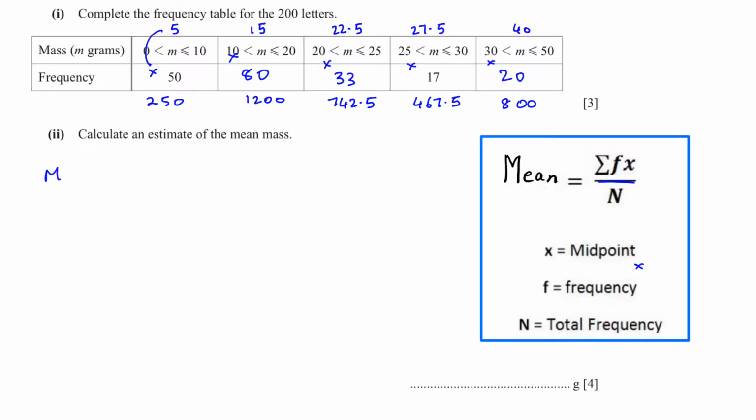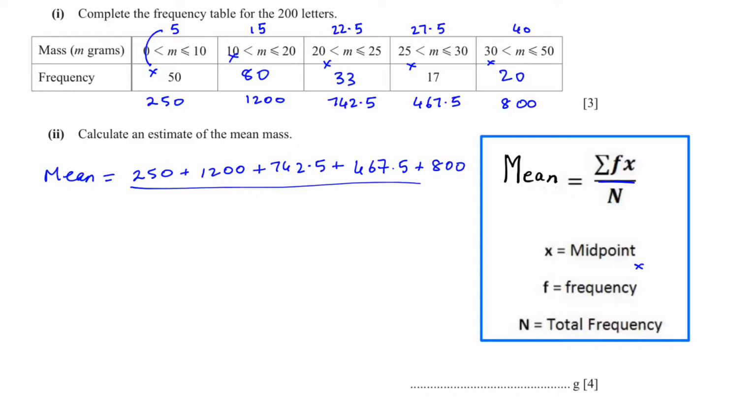For the mean, we have to add the sum, which means that you add all the values that you got. So 250 plus 1200, 742.5, and divided by the total frequency.